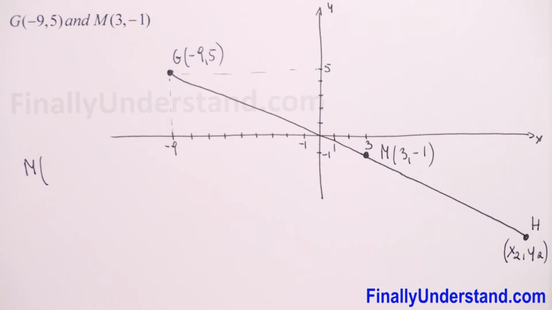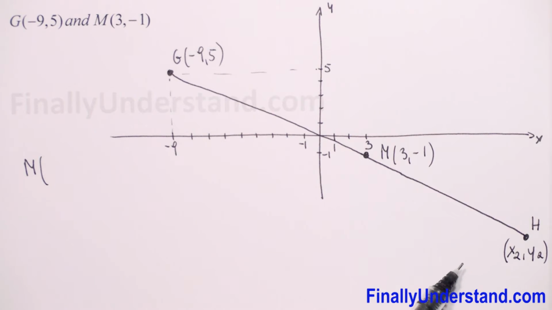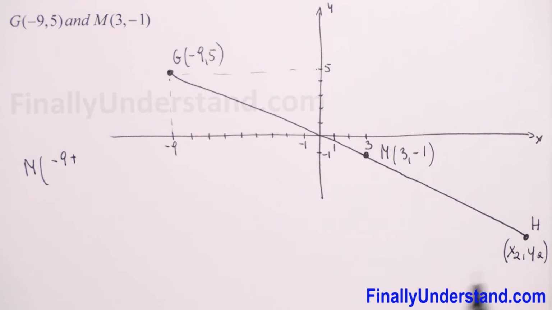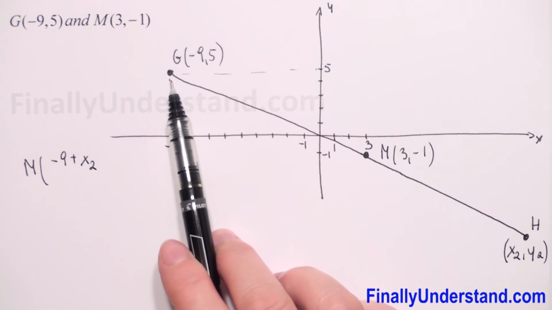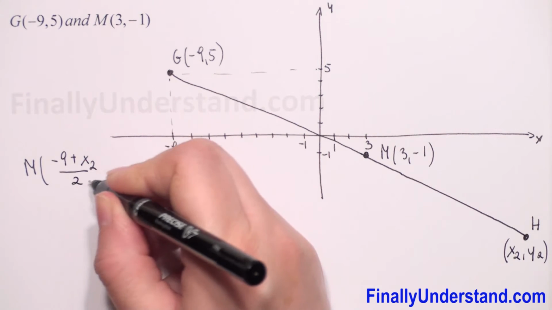We have to add the first coordinates and divide by 2. So we have -9 plus x2. We add the first coordinates of the endpoints and we divide by 2.